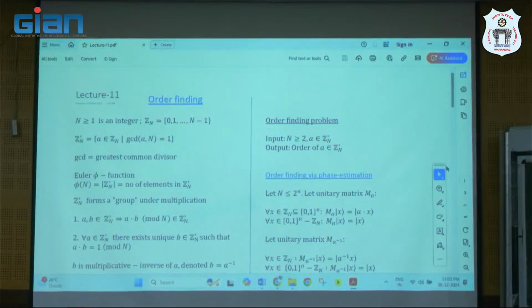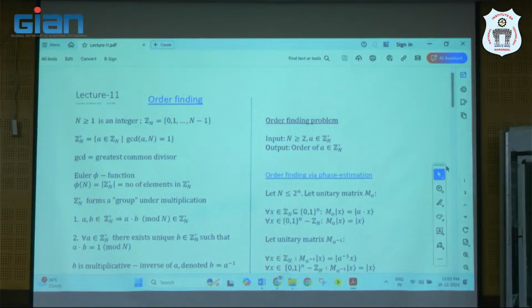Agreed? The order finding problem is: you are given A and N, find the order of A.